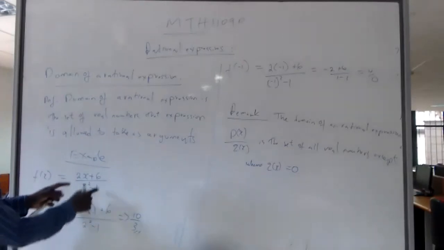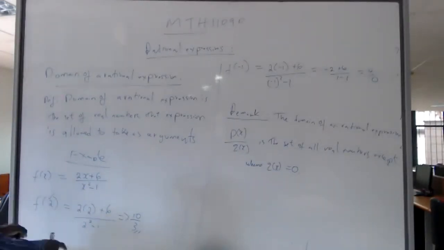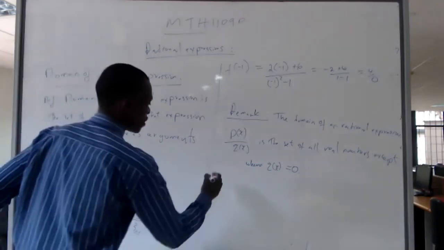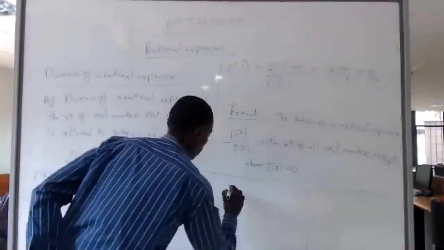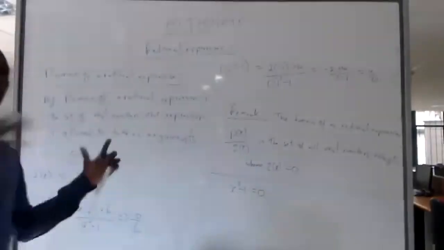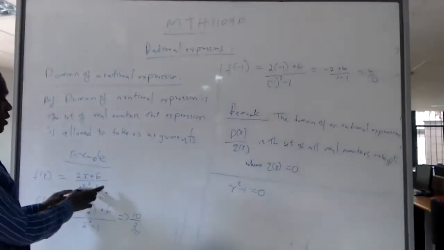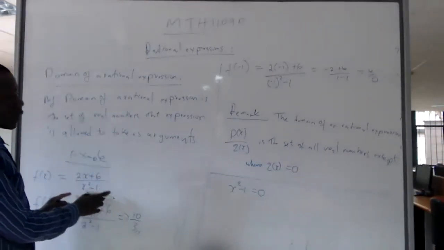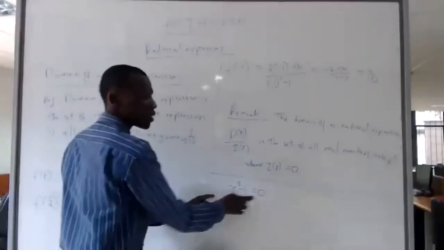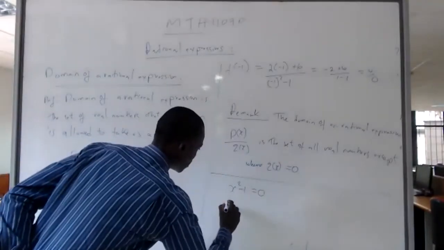So if you wanted the domain of this expression, remember we cannot try all real numbers, they're infinitely many. So straight away, let x squared minus 1 be 0, because we know all other real numbers will be okay, except when this denominator becomes 0. So right away, equate it to 0, and then work out the value of x. You can factorize this difference of squares.